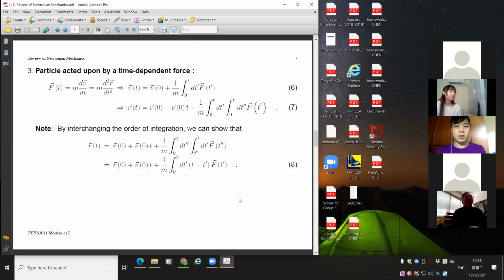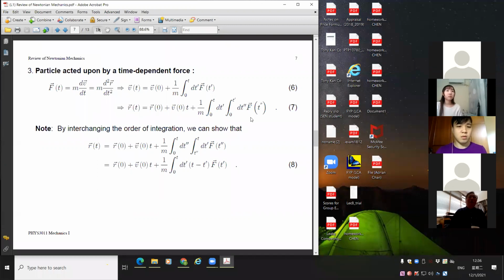Now, if the particle is acted upon by a time-dependent force, it will be more complicated. Velocity will involve an integral over time, with the force, the F vector, being the integrand. How about the displacement vector?